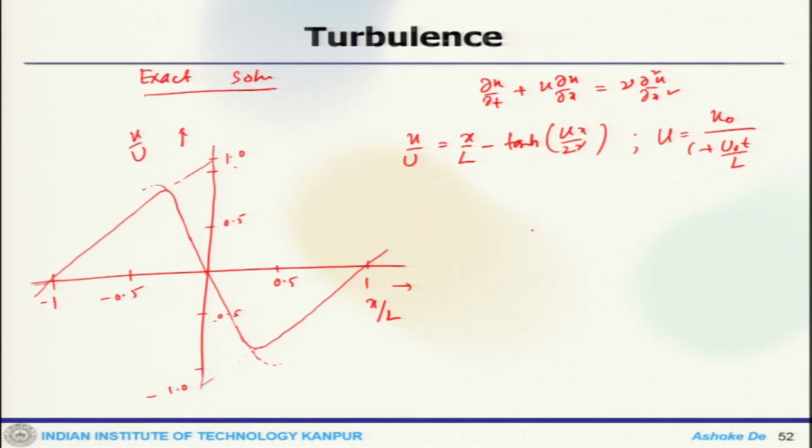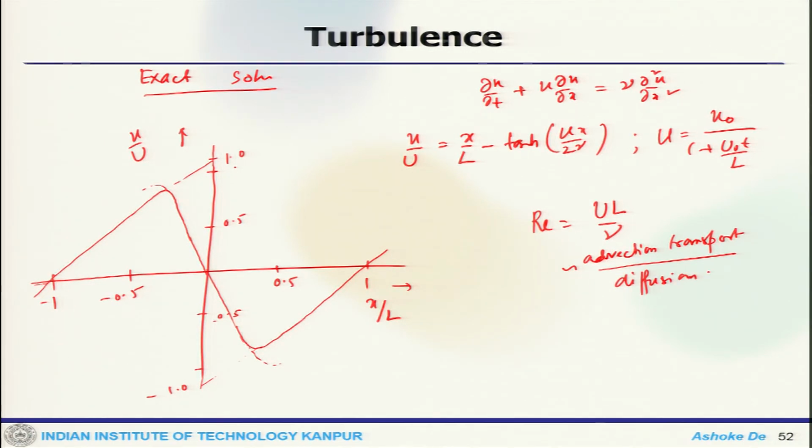So, the velocity scale u and length scale L, which will get me the Reynolds number u L by nu, which is nothing but my advection transport to diffusion. So, that is what we get.